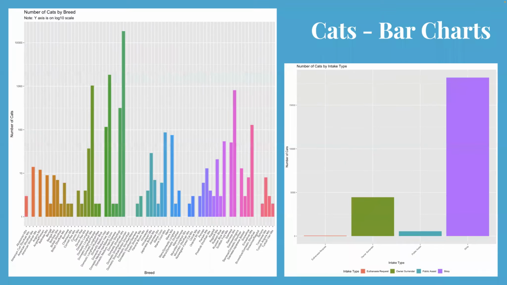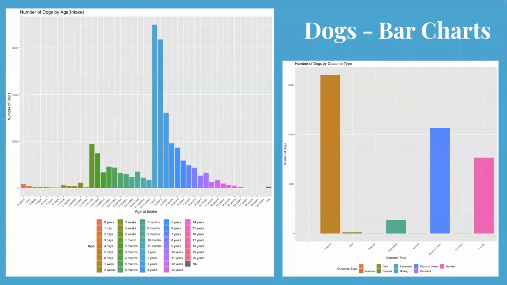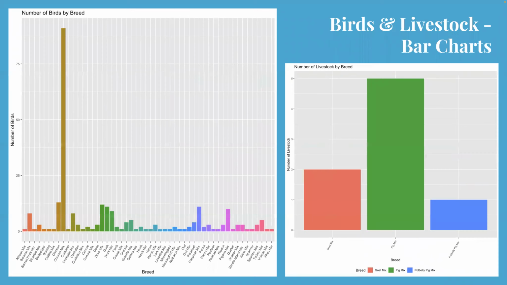I have bar charts for breeds, intake types, outcome types, and length of time spent in shelter for dogs and cats. And then I also made the same types of bar charts for birds, livestock, and bats. This is just a little example of what those look like.